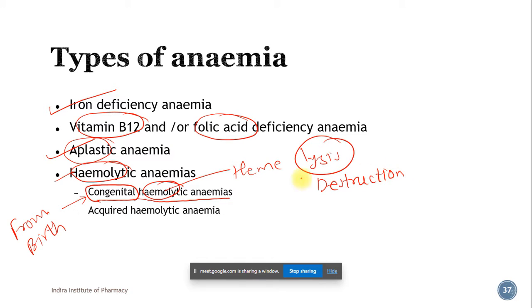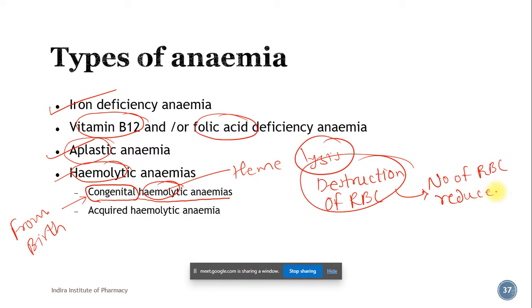So it is the type of anemia where there is destruction of RBCs. As the destruction of RBCs takes place, the number of RBCs in the blood is reduced.